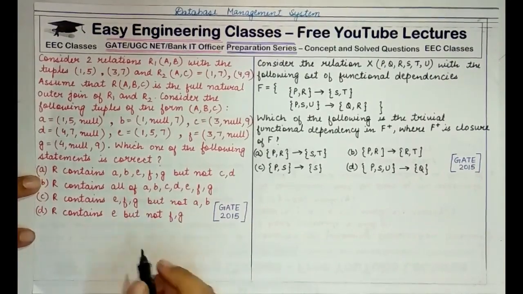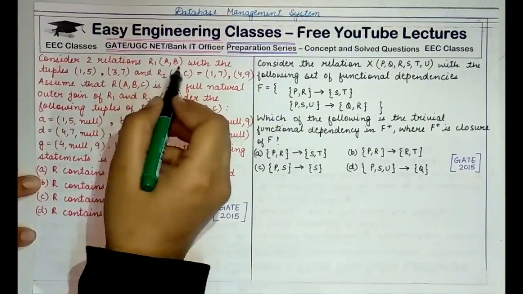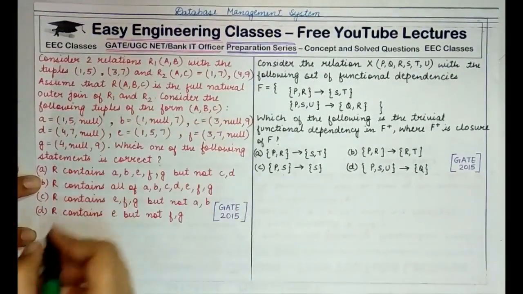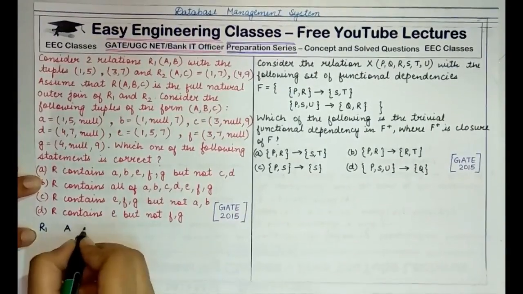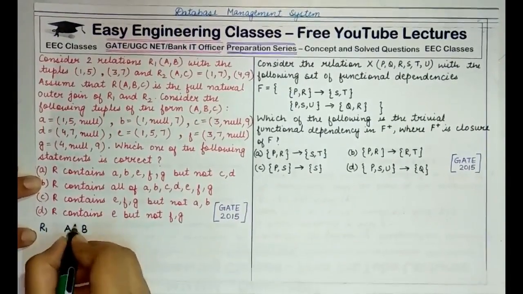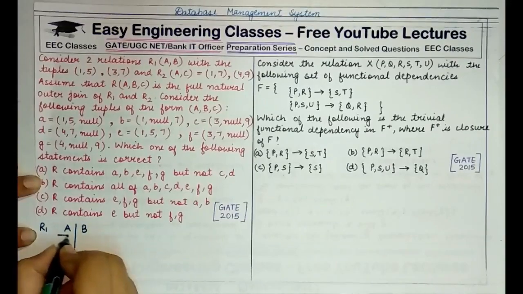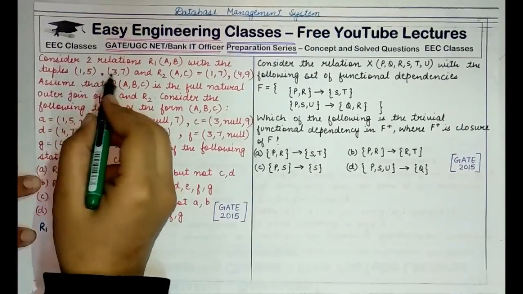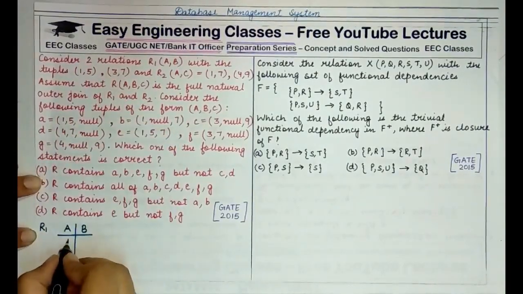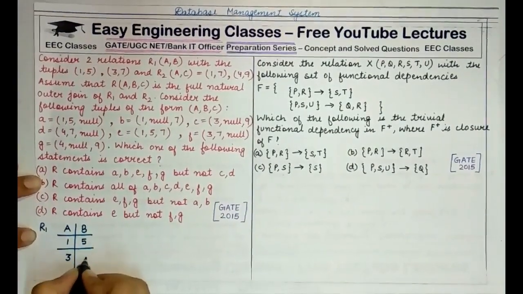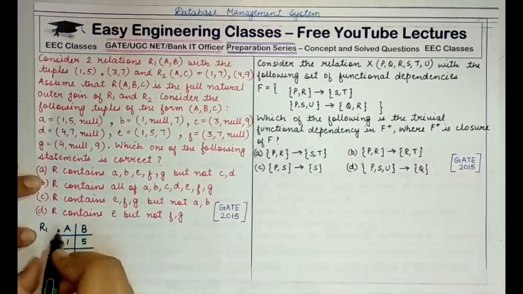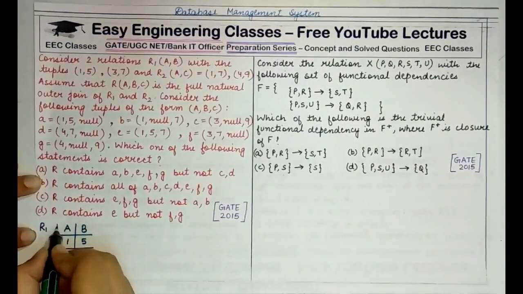So here we are given two relations, R1 and R2. R1 has two columns, A and B, and the values of these two columns are (1, 5) and (3, 7). So (1, 5) is one tuple and (3, 7) is another tuple. This is relation R1.